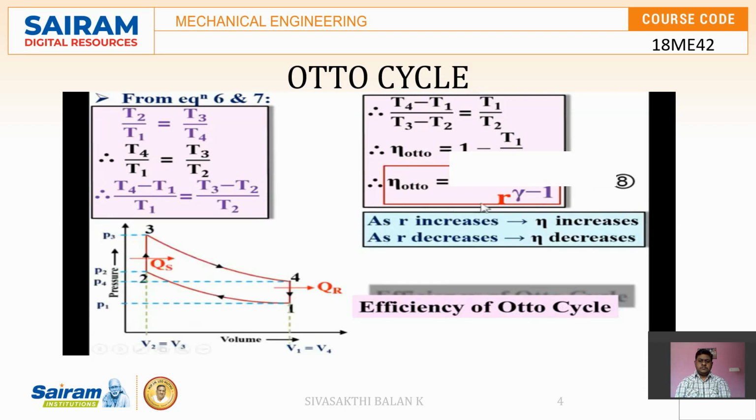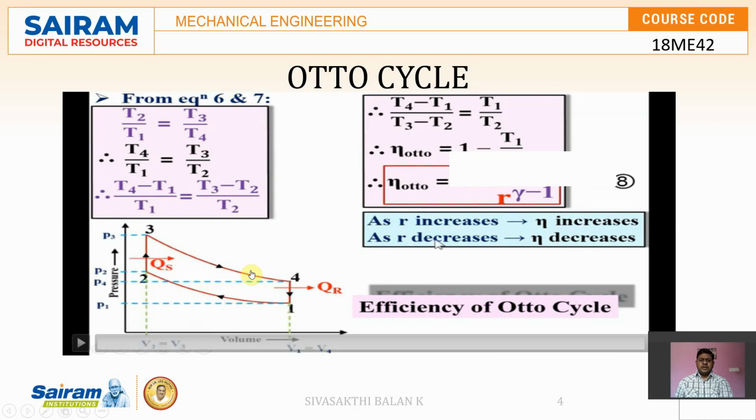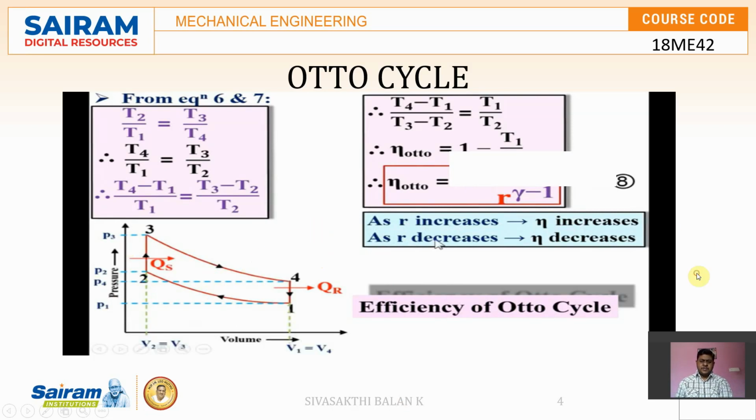So as compression ratio increases, this term will decrease, and so the whole term 1 minus it will increase, and your efficiency will increase. So I can say as compression ratio increases, your efficiency increases. And you got some idea about how the efficiency of Otto cycle has been derived from these small clips.